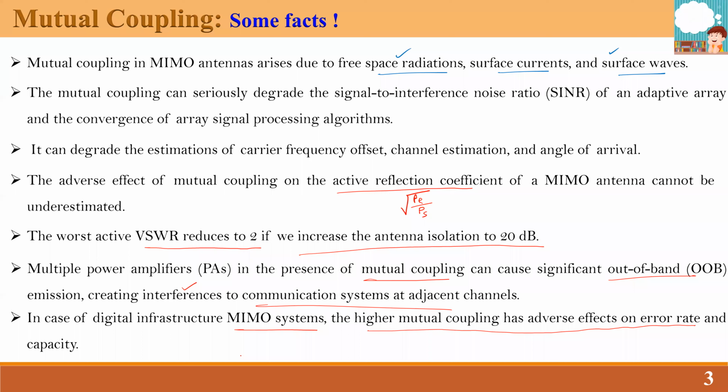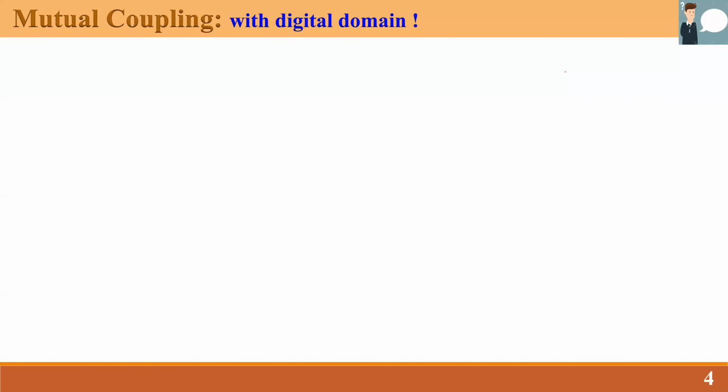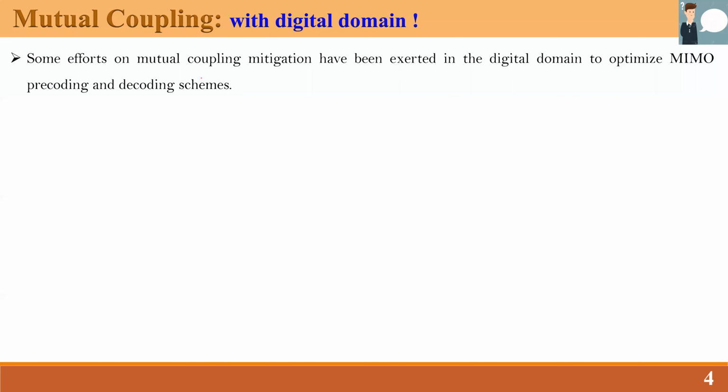So let me show you from the perspective of the digital domain. Some efforts on mutual coupling mitigation have been made in the digital domain to optimize MIMO communications, using MIMO pre-coding and decoding schemes. It means the left and right hand sides of these antennas.